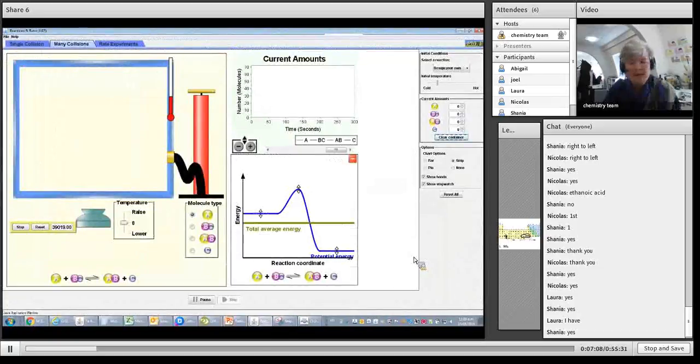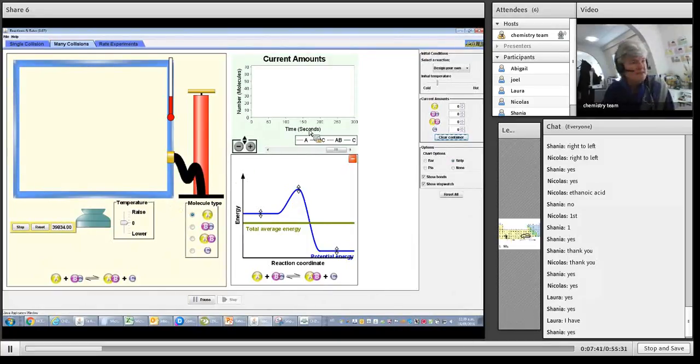If you Google PhET, rates of reactions, you should be able to download this simulation yourselves at home. It is a Java simulation, so if you've got a Windows 10, it doesn't like it. Windows 7 is fine. Or if you've got an Apple, it doesn't like it either. So it's only for the older computers, but it's a great simulation.